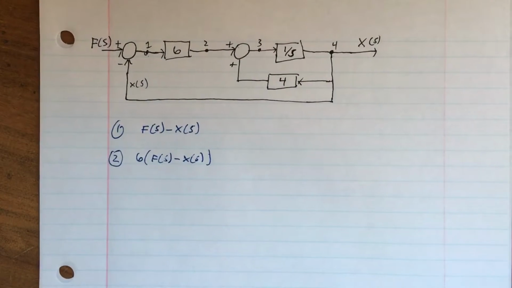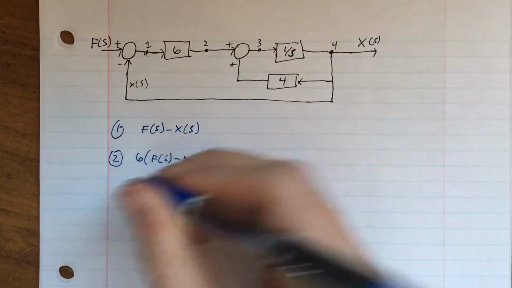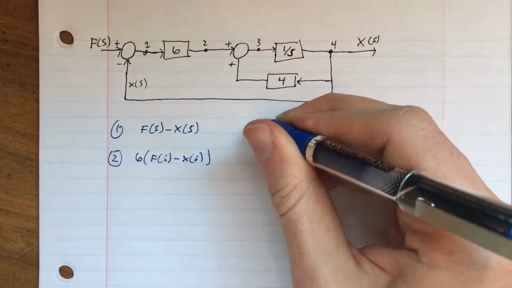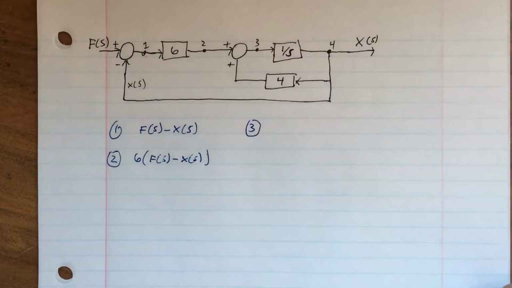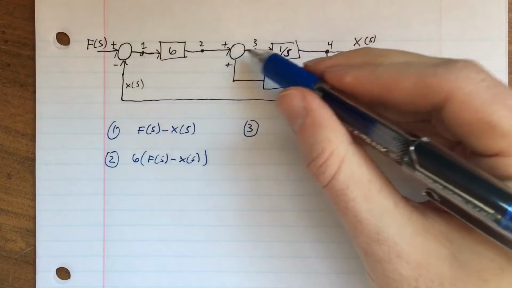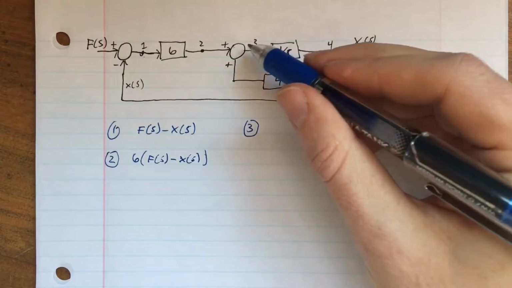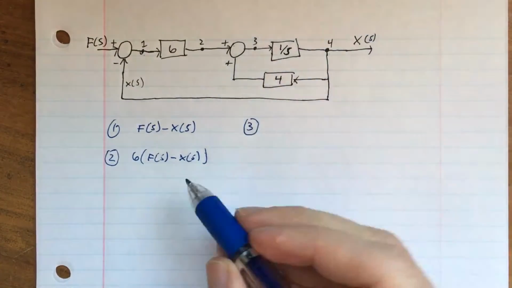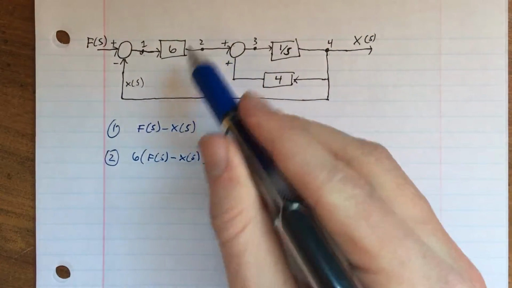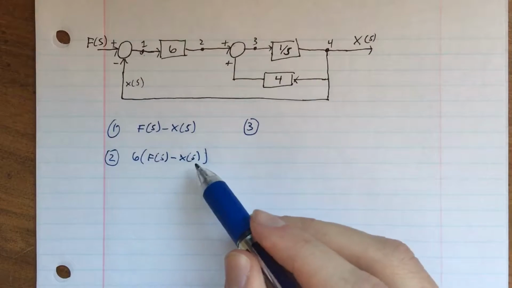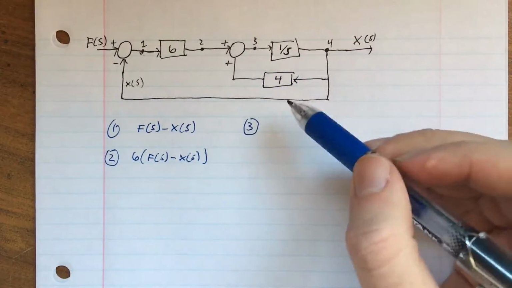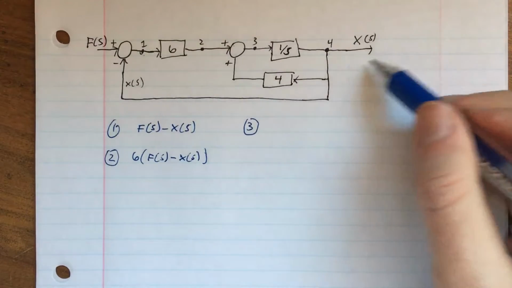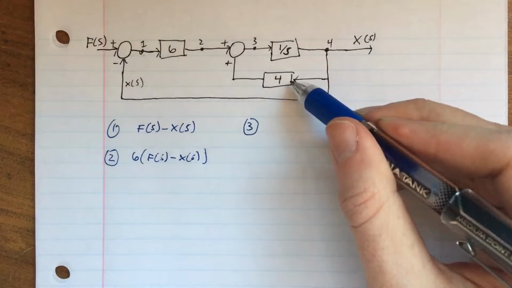Then at point 3, I'll draw that up here. Point 3 is right here. Before you get to point 3, we have a summer. So it is the stuff that comes from point 2, so 6 times f of s minus x of s, plus this thing from the bottom here, which is x of s times 4.